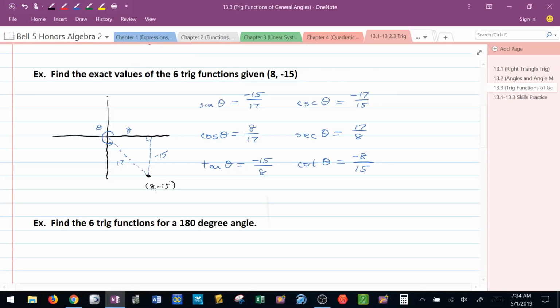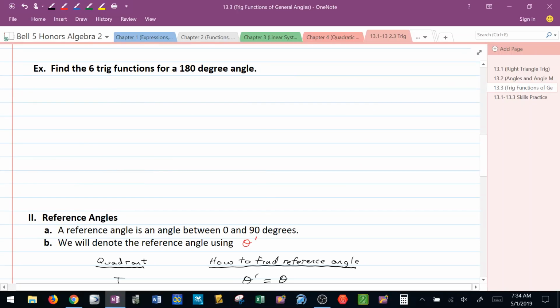All right. So the second problem that we're going to do here is find the 6 trig functions for a 180-degree angle. Again, don't change your process. Sketch the angle first. So I know that a 180-degree angle is going to have an initial side out this way and a terminal side out that way.